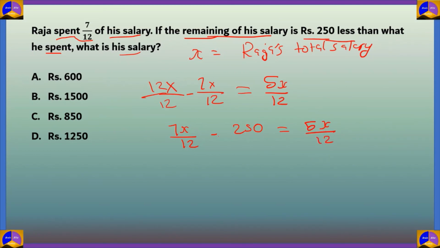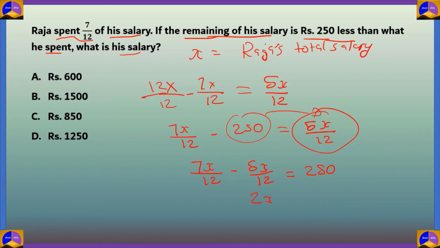Now we can interchange 250 and 5x by 12. We get 7x by 12 minus 5x by 12 equals 250. So that means that 2x by 12 equals 250. Now we can cut the 2 and the 12, and we get x by 6 equals 250.